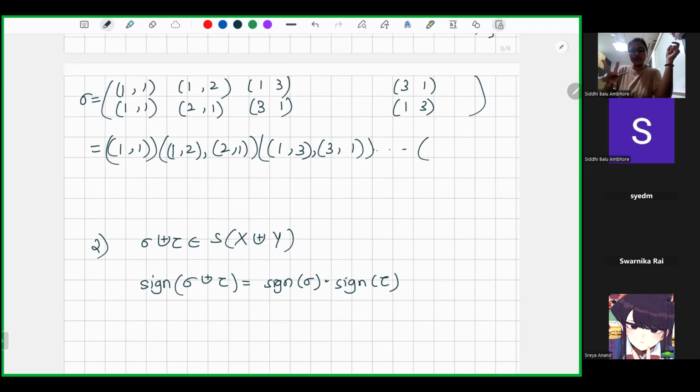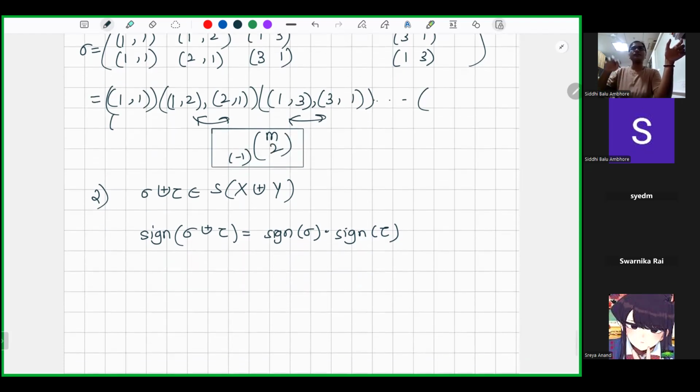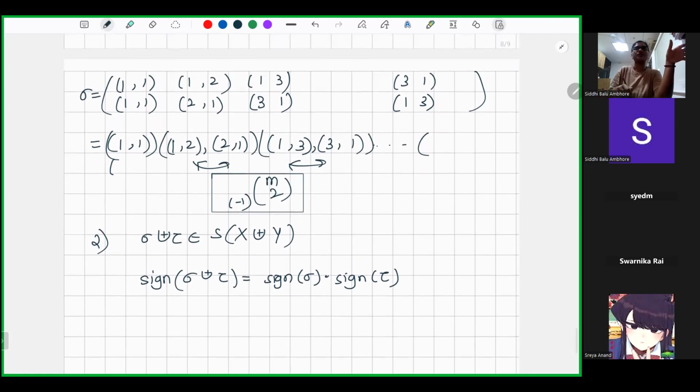Such two cycles I'm getting, right? This 1 1, 2 2 will stay as it is, and these are the transpositions we are getting. And there are m choose 2 such, because once I have 1 3 here, 3 1 is gone again. So there are m choose 2 choices. That's why the signature was -1 to the power m choose 2 there. I hope now it's easy to understand when we express it as transpositions.